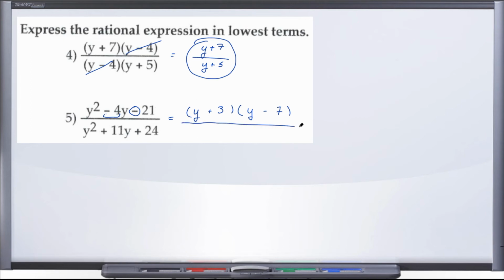All right, so there we have it. We've factored the numerator. Let's take a look at our denominator and factor our denominator. Again, we know a trinomial breaks down into 2 binomials. We are working with y, so let's break that y down. And now we want factors of 24 that add to give us positive 11.